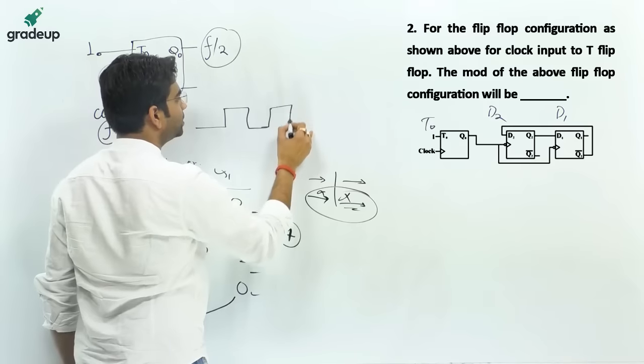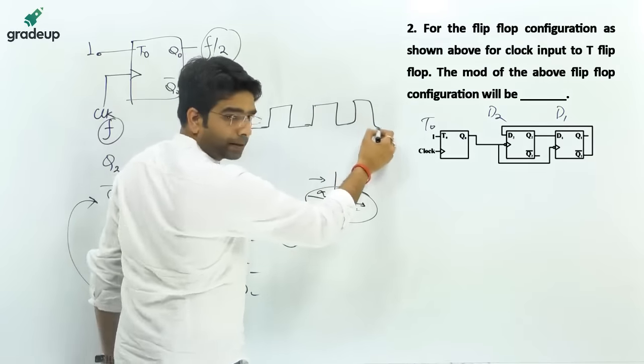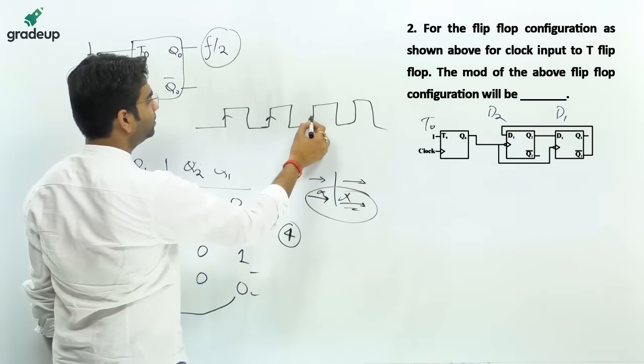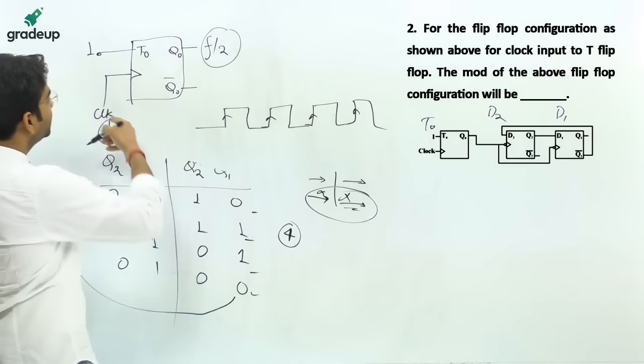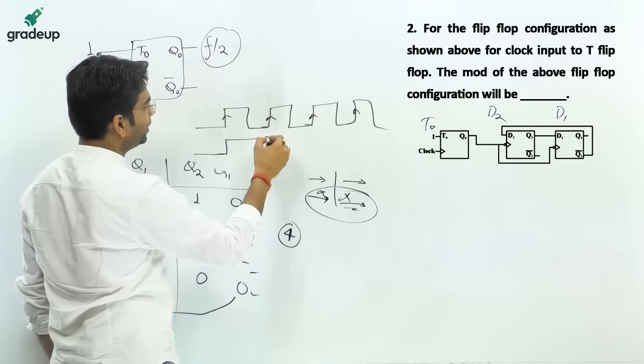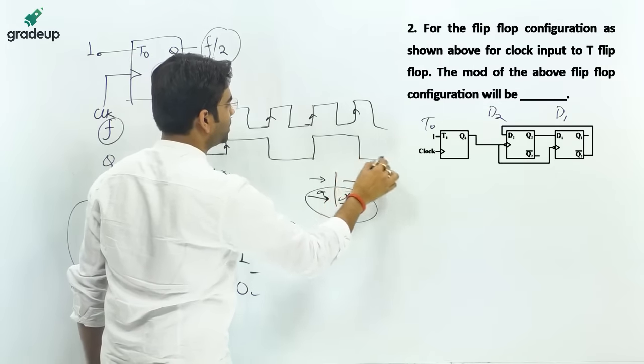Suppose it is a clock pulse. Take it as positive trigger. If clock goes to 1, and again when the positive pulse comes, it will change. Again when it is the positive pulse, it will change.